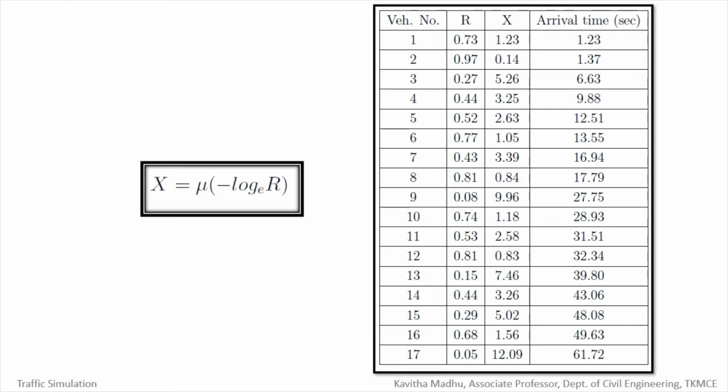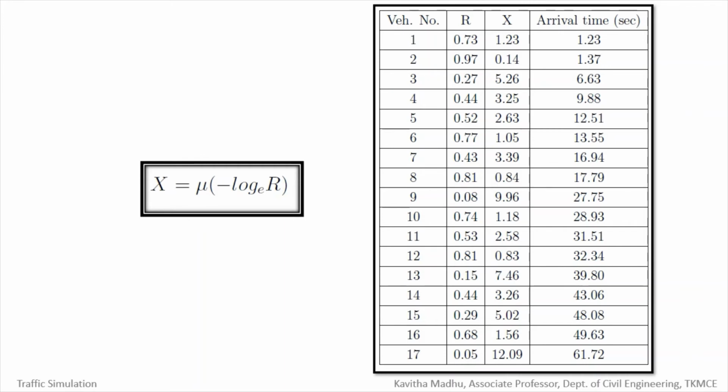Let the random number be any number between 0 and 1, say 0.73. In a computer, it would generate this random number. If you put that value in the given expression for the headway variate, you get the corresponding headway value. So the first vehicle will be arriving at 1.23 seconds from time zero.